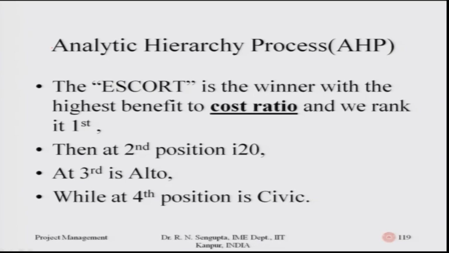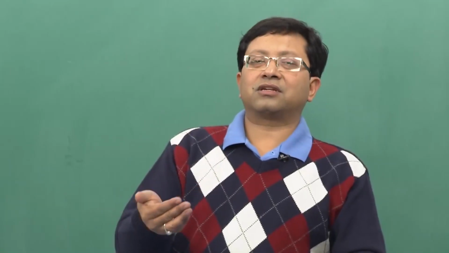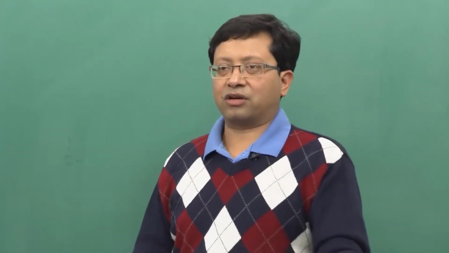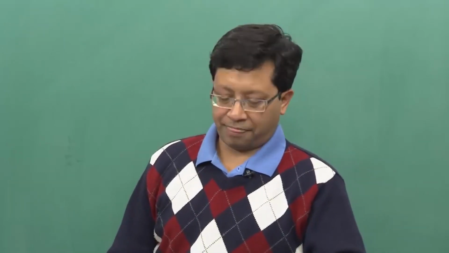So, what you are trying to do is add up the weights for each and every criteria and each and every alternative in such a way that the overall value for the alternative, considering all the criteria, is the maximum.